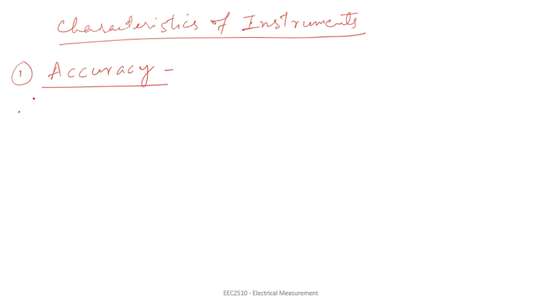Okay, so we can define the accuracy in very simple terms, that it is the closeness with which an instrument reading approaches the true value of the quantity being measured.